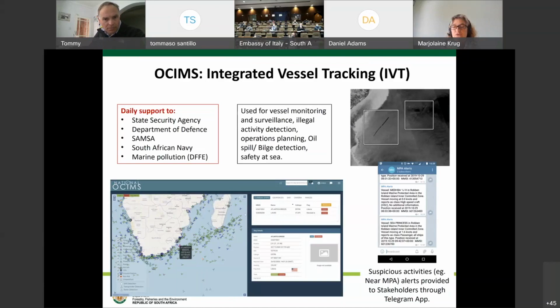We use Telegram to provide systematic reports and alerts when vessels display anomalous behavior, such as slowing down next to marine protected areas. And yes, the tool is actually used quite a lot by enforcement agencies, and it's been quite successful.